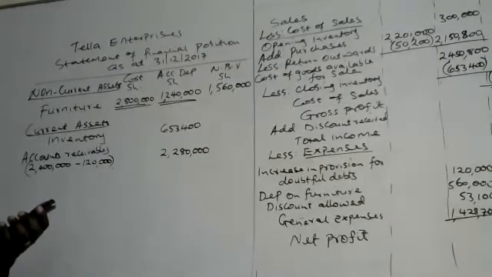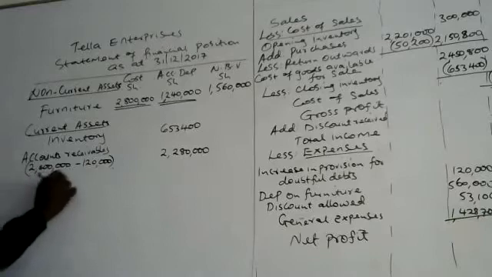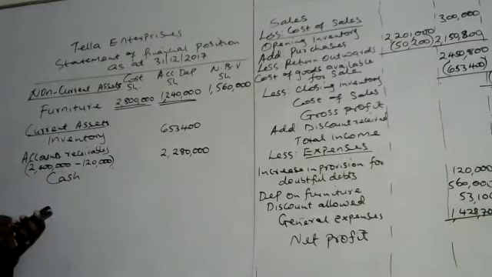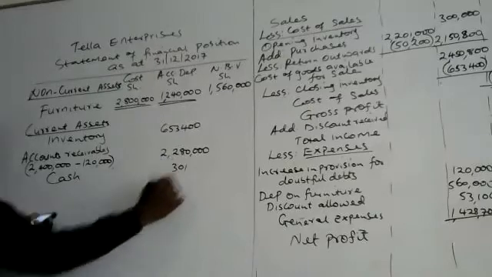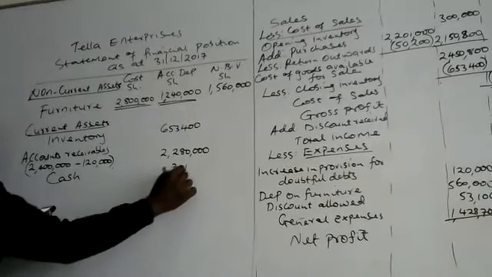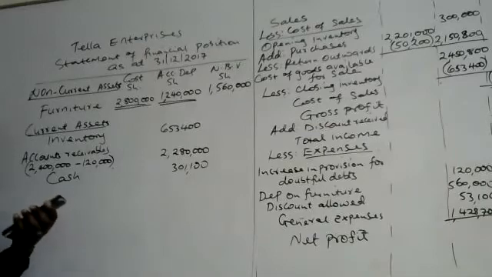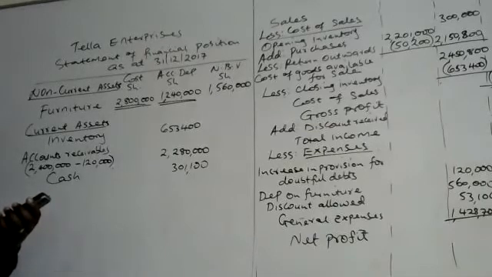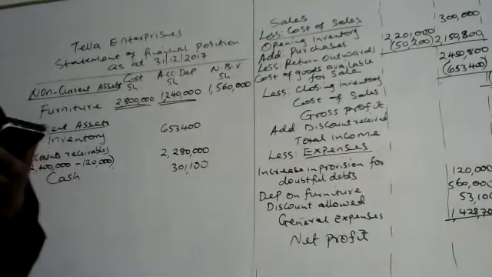Then, do we have any other assets? We have got cash in hand. The figure for cash is 301,100. I think those are the only current assets we have.